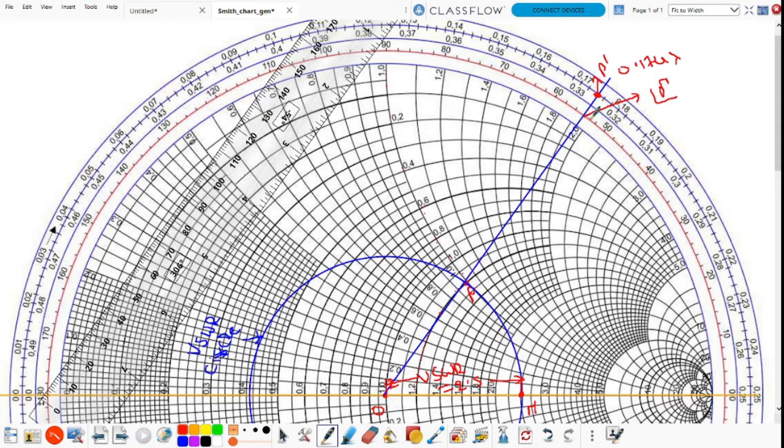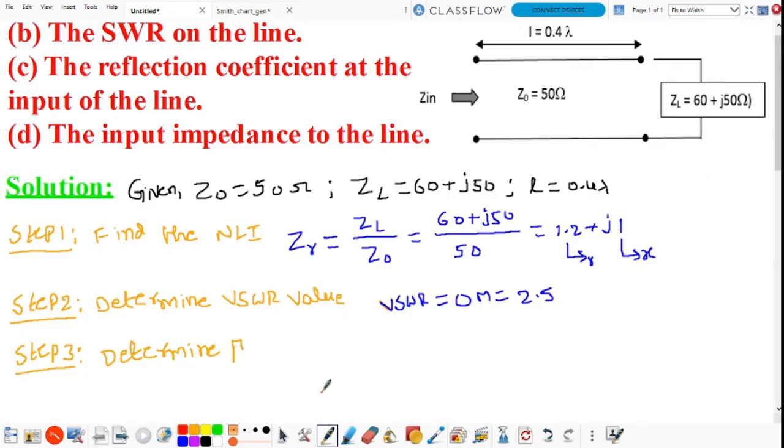Now what is the phase angle? This is 50 degrees and this is 60 degrees, and approximately 54 degrees. The phase angle is 54 degrees. So therefore, the reflection coefficient at the load has a magnitude and a phase angle.